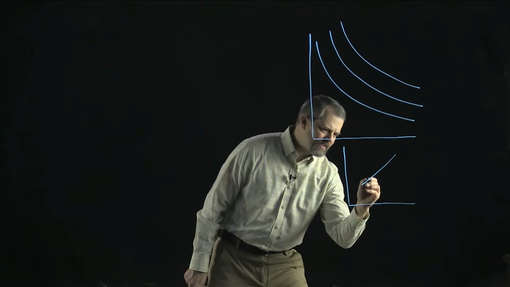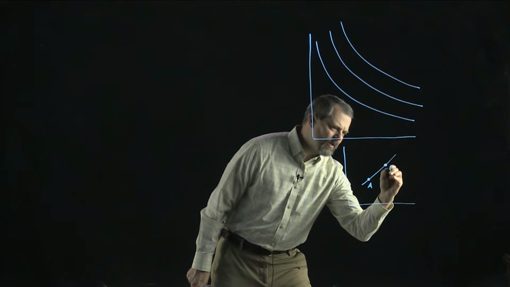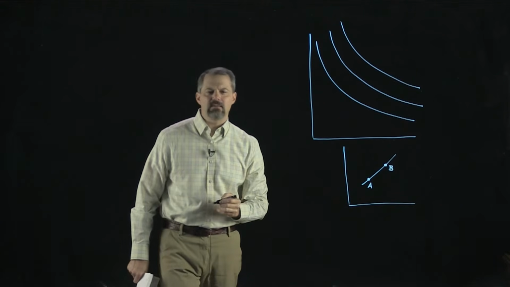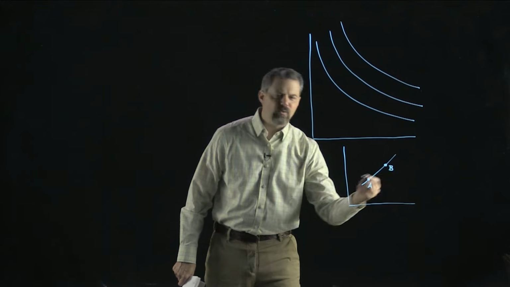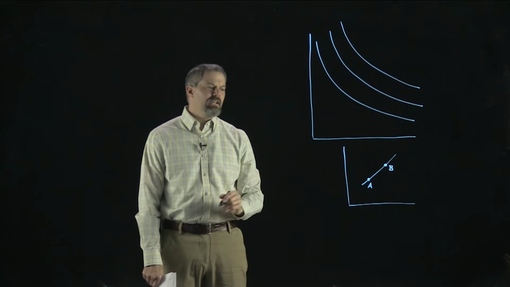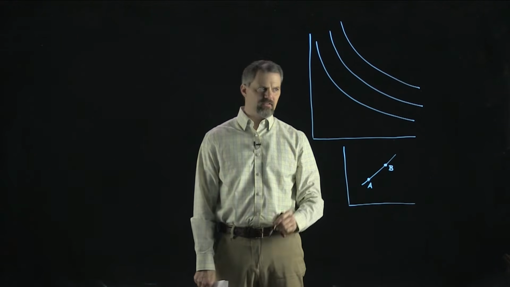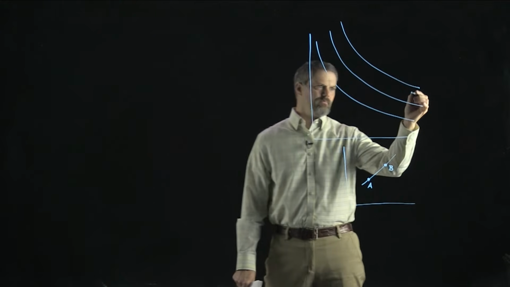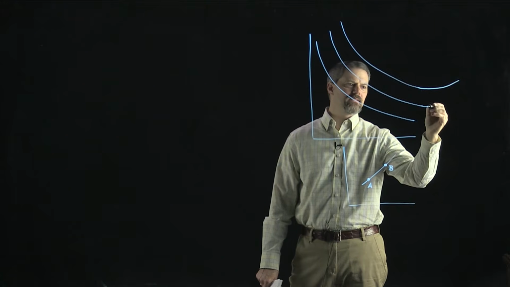Because this would say that if we had a point like A and a point like B, because those are on the same indifference curve, the consumer would have to be indifferent between A and B, but yet B has more of both goods than A. So we can never have any upward sloping portion of an indifference curve. What that means is we're never going to have indifference curves that curve back up like this.